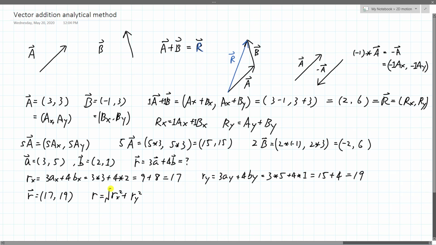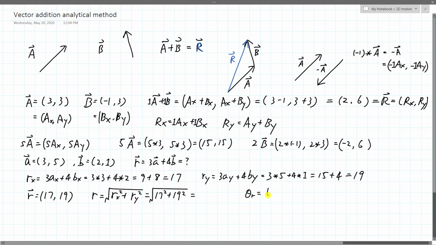So the magnitude is x component squared plus y component squared, so 17 squared plus 19 squared. Well, I wish I memorized these squares, but I don't. So I'm just going to use Python. I'll just leave a space here and keep writing until I need Python. And then the angle r makes with the x-axis.